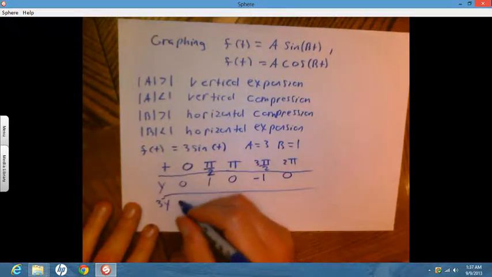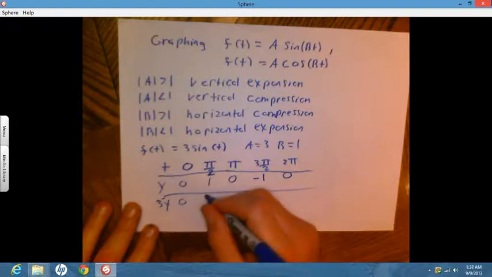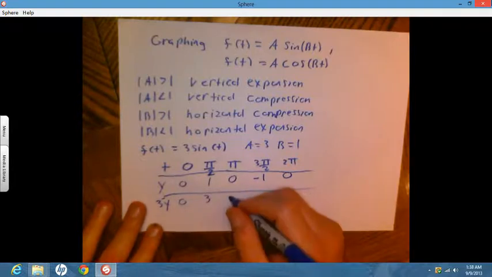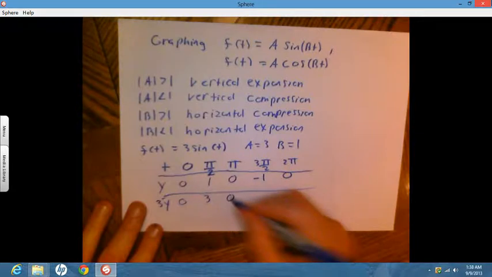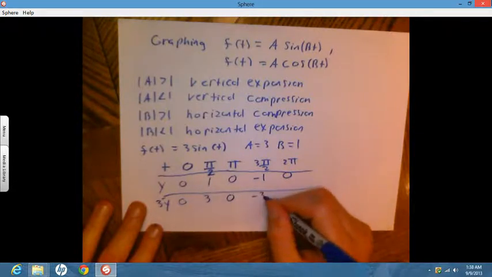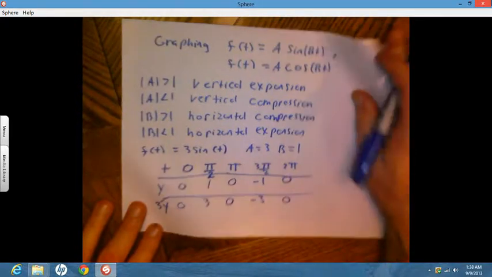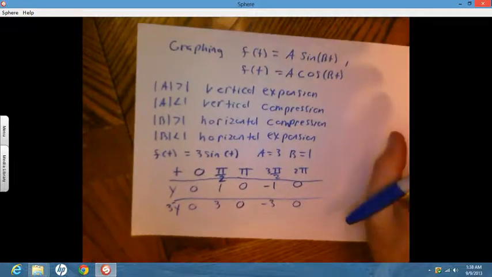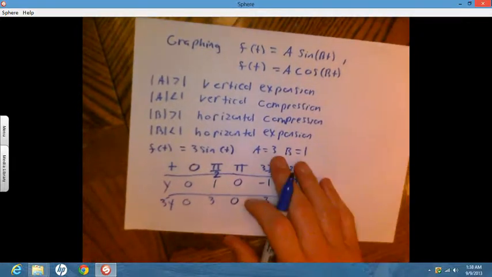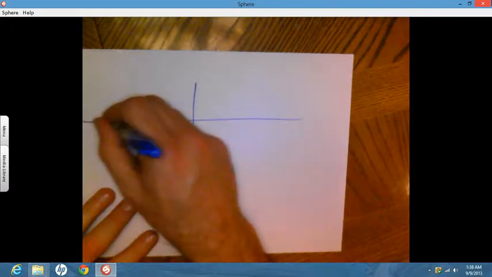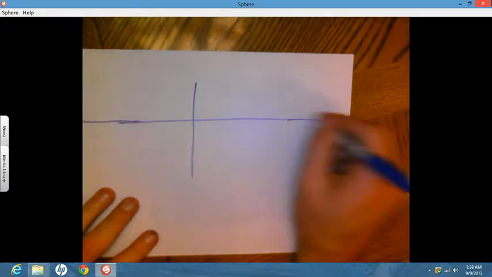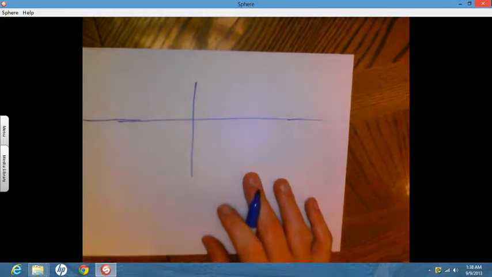So to get an idea of what this function actually looks like, it's just going to basically be our sine function, you'll see, except it's going to be stretched a little bit because a is bigger, so it's going to be stretched. And so the function is 0 at 0, at pi over 2 we saw that now the value is going to be 1, 2, 3.